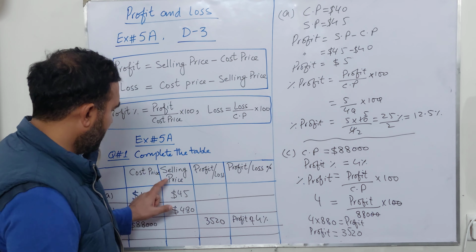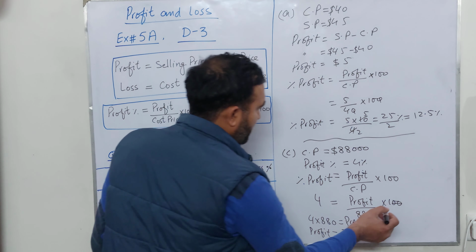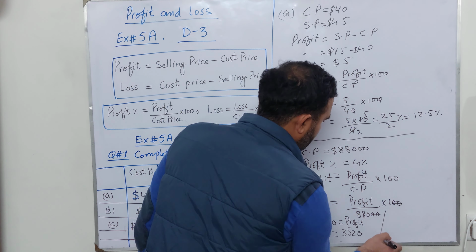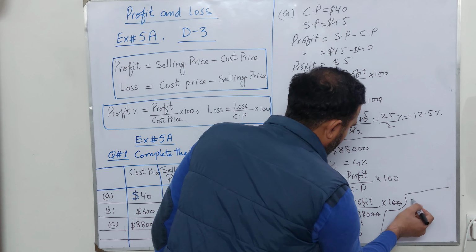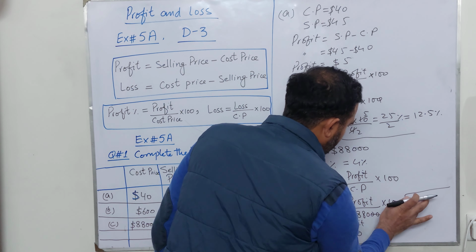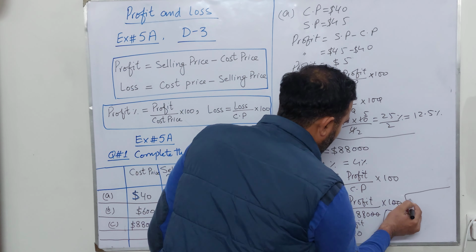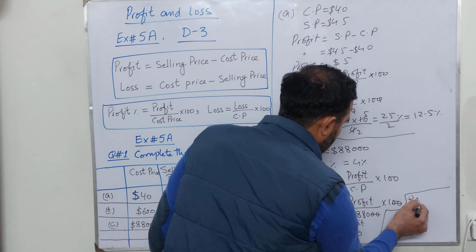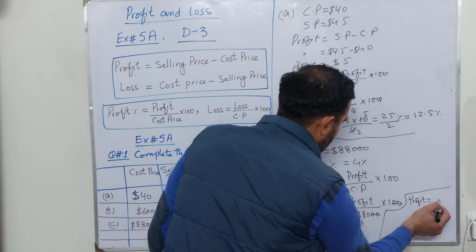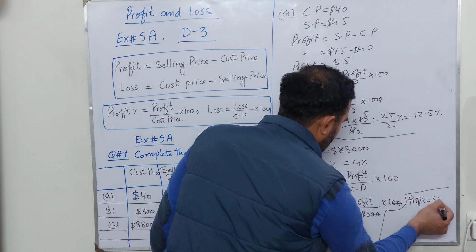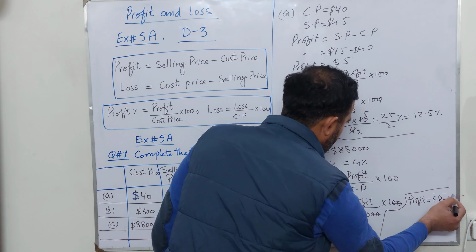Okay, similarly we can get the selling price. So we have the formula profit is equal to selling price minus cost price.